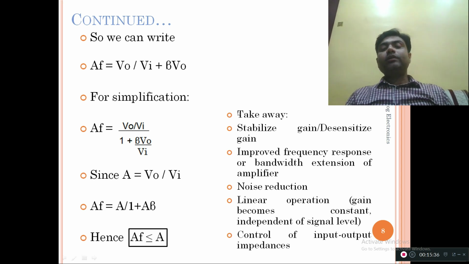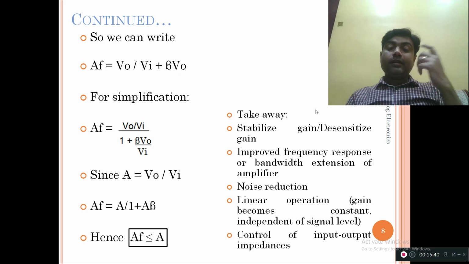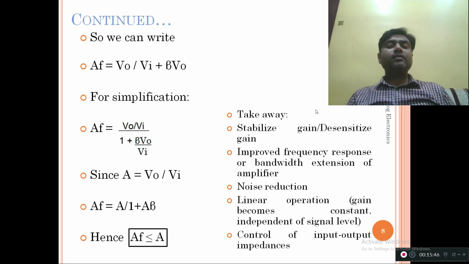So the takeaways from this lecture are: negative feedback stabilizes the gain. How does it stabilize the gain? Because it desensitizes the gain. When I say it desensitizes the gain, it means that the gain becomes constant irrespective of changes in the input parameters or the temperature.